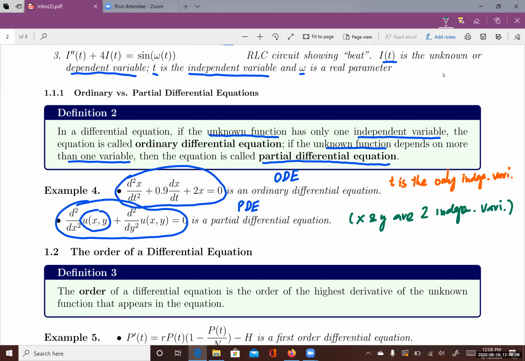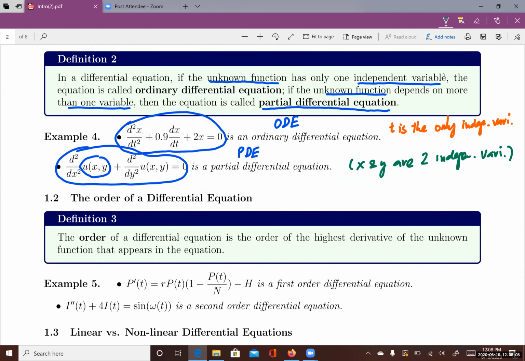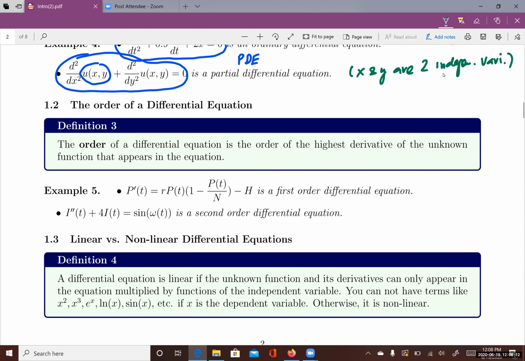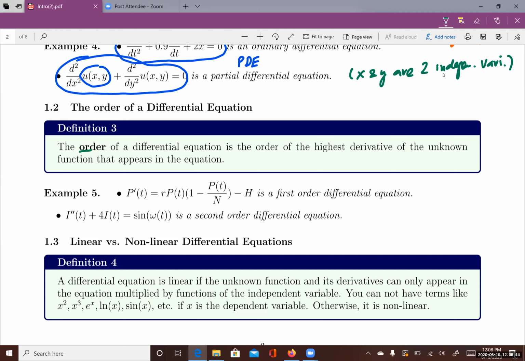All right, next, the order of a differential equation. By definition, the order of a differential equation is the order of the highest derivative of the unknown function. If you look at this equation here, the unknown function is P of t and the highest derivative is the first derivative.